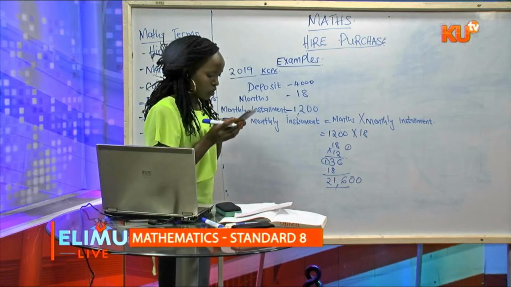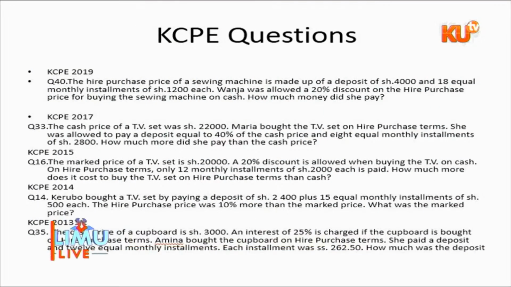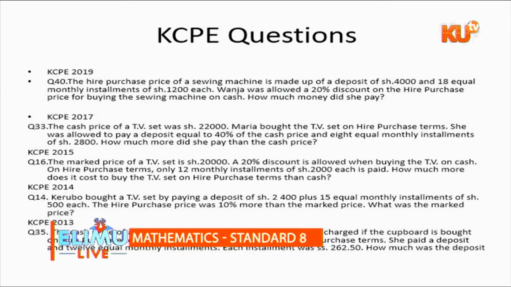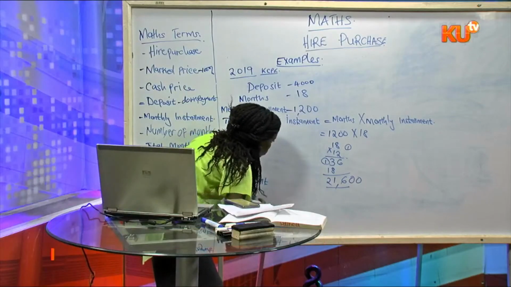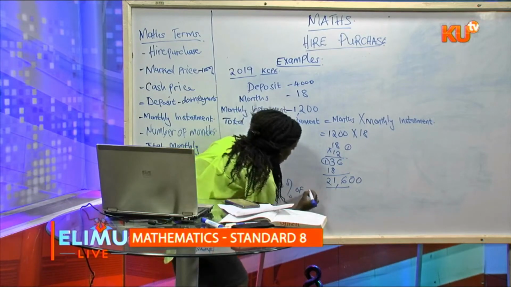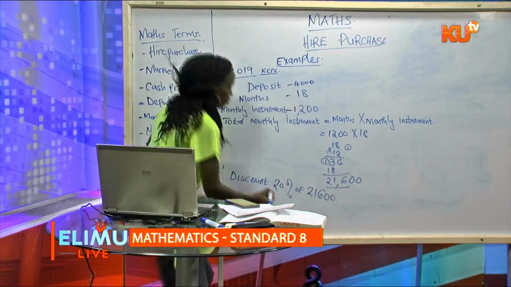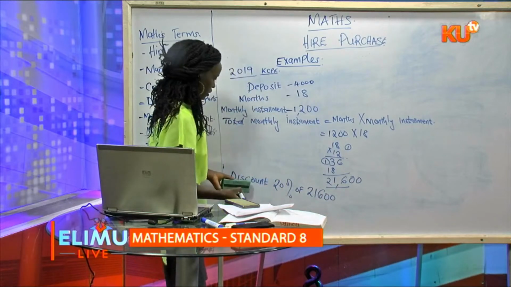We continue with our question. It says that Wanja was allowed a 20% discount on the hire purchase. So a discount was given on the hire purchase, which was 20%. So we calculate the discount that was given.